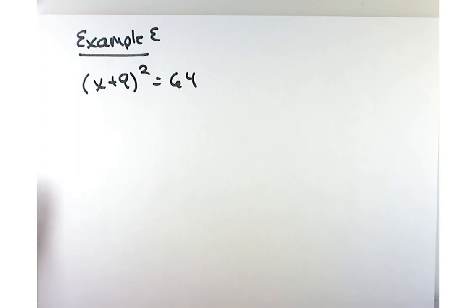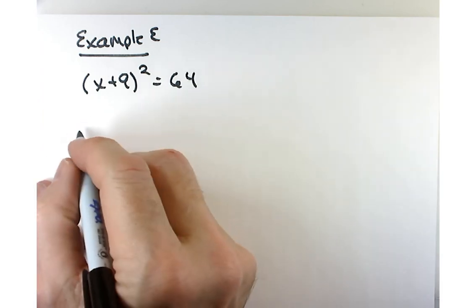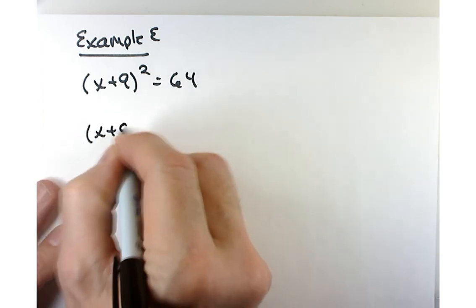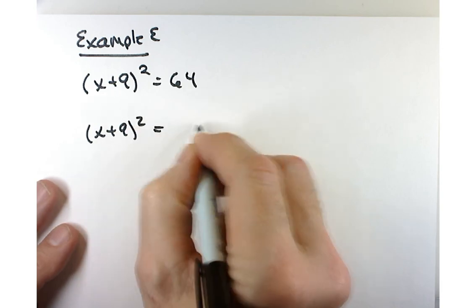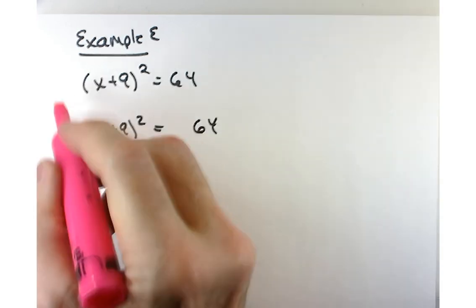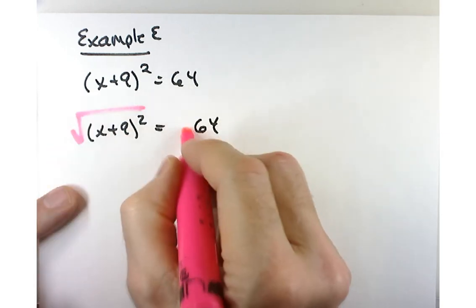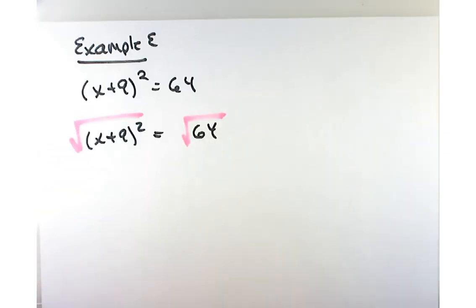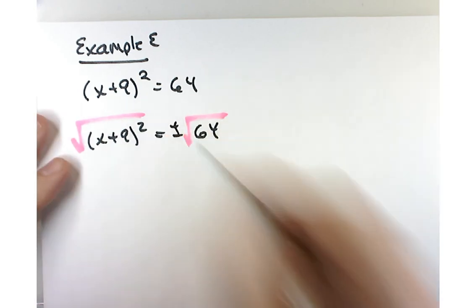So, x plus 9 squared, 64. We'll take the square root on both sides. There's my square root on the left-hand side. Here's my square root on the right-hand side. Need that plus or minus.